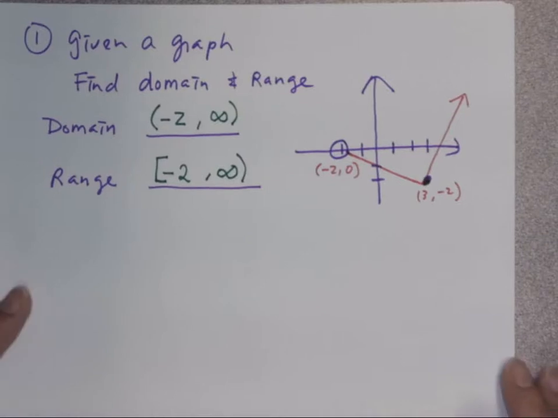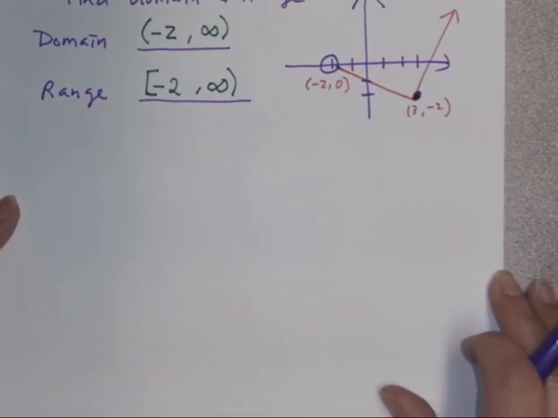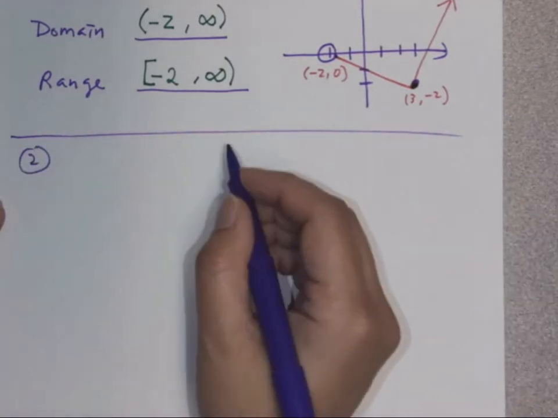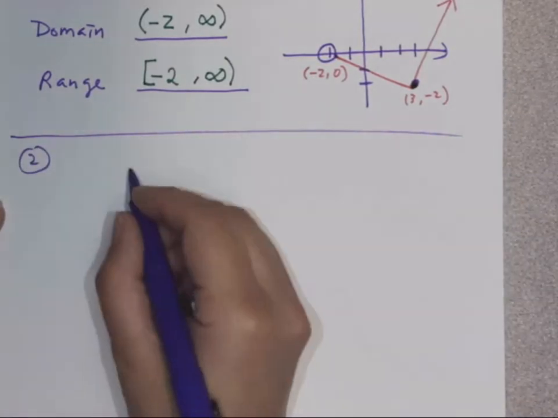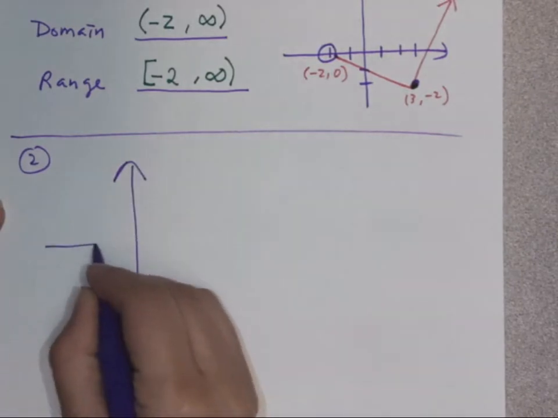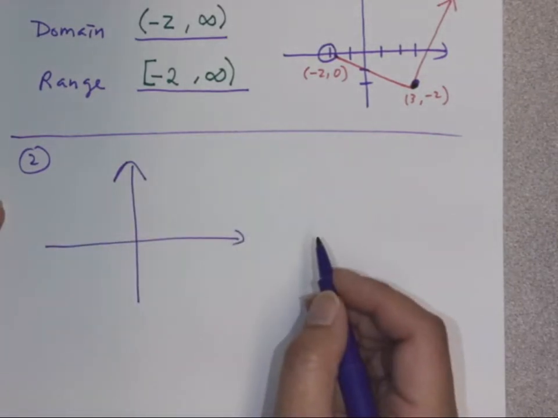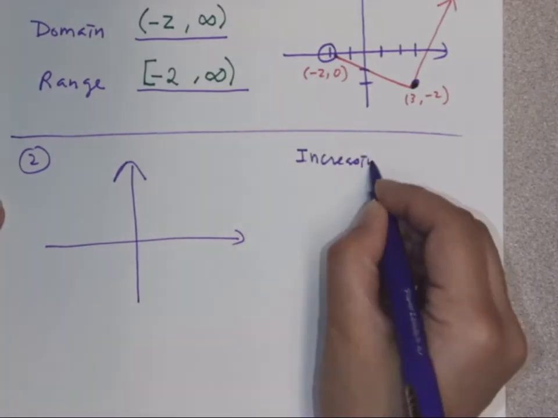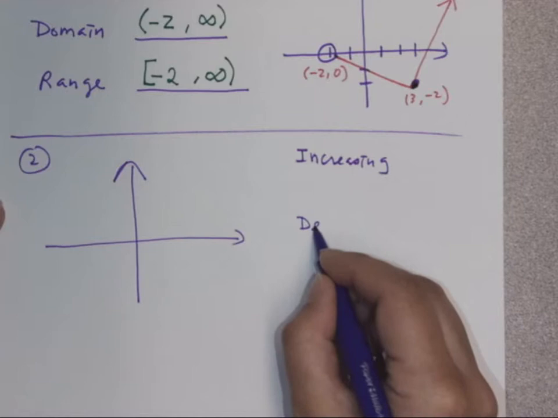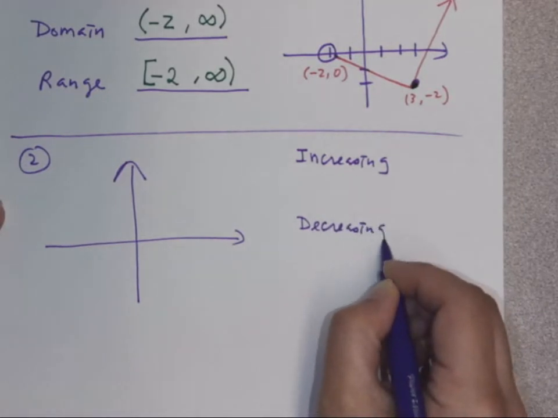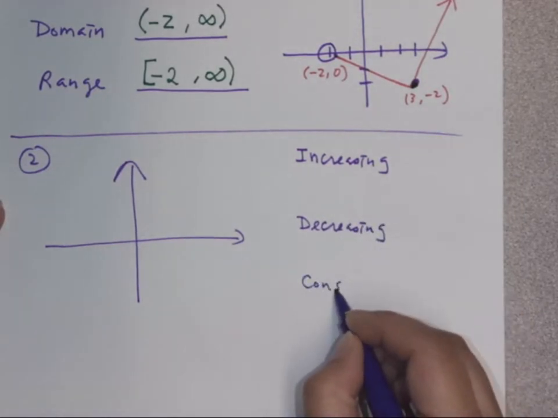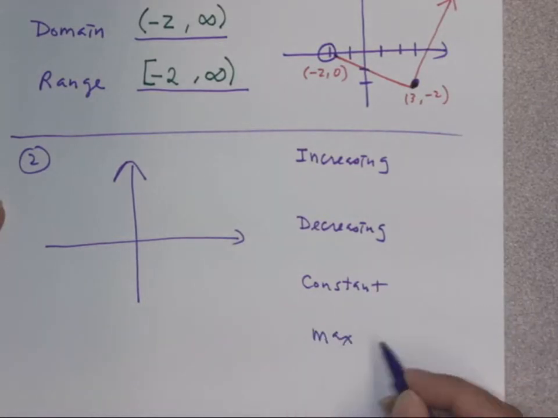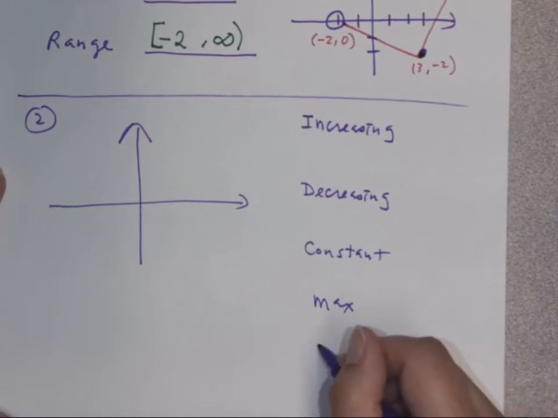All right, so let's do another one also related to pictures. I'm going to give you a graph, and then you're going to need to tell me where it is increasing, decreasing, constant, and the maximum and minimum points.